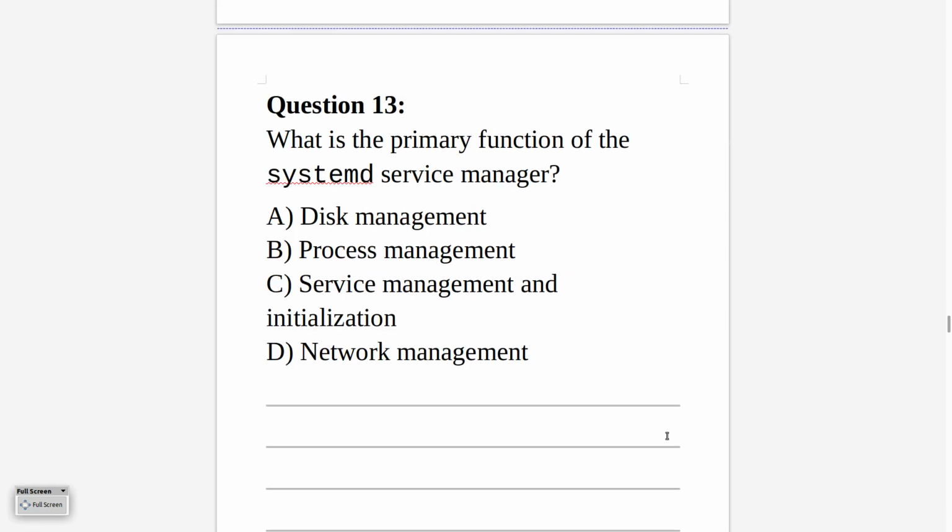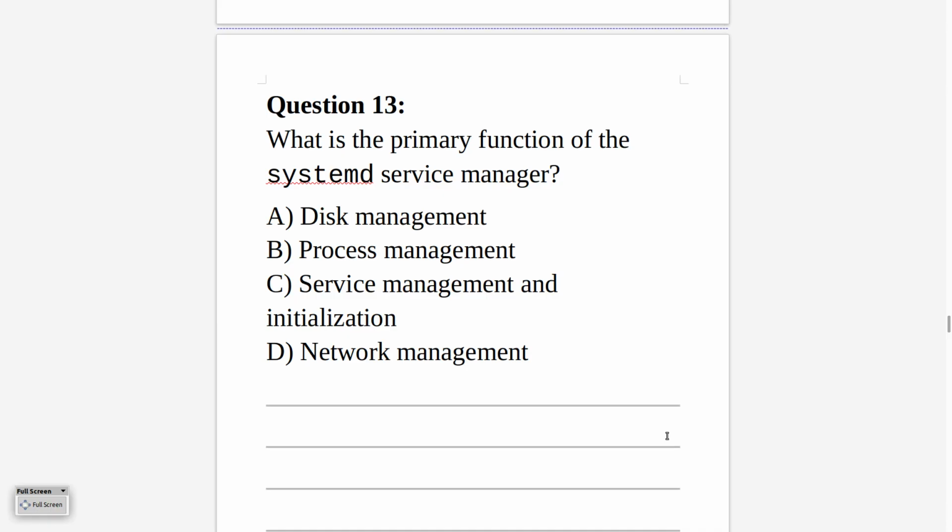Question 13. What is the primary function of the systemd service manager? Is it disk management, process management, service management and initialization, or network management? Well, this is pretty obvious. They've given a clue there by calling it a system manager. Well, maybe they haven't, but I just know it's related to services. So it's going to be C, service management and initialization.